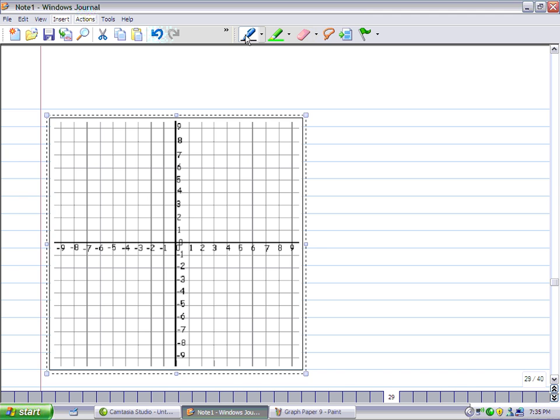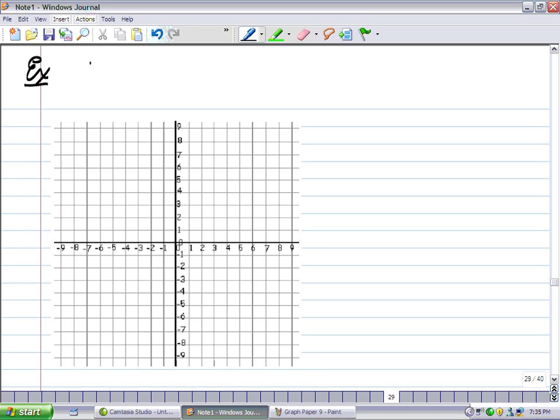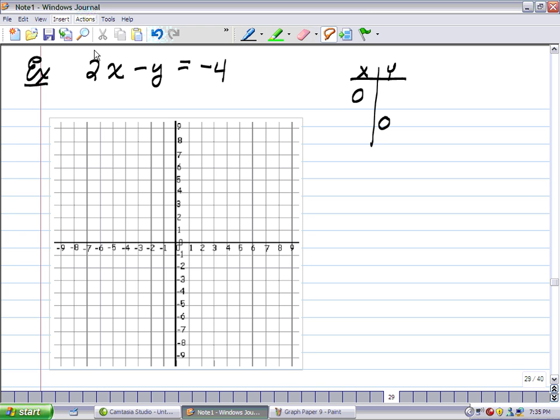Okay, let's look at this example. 2x minus y equals -4. x and y are on the same side. So I'm first going to make x 0 and then y 0. So I'm going to make my little t-table with the x 0. Typically, what I'm going to do is take my equation, and if x is 0, then what happens to this entire term?